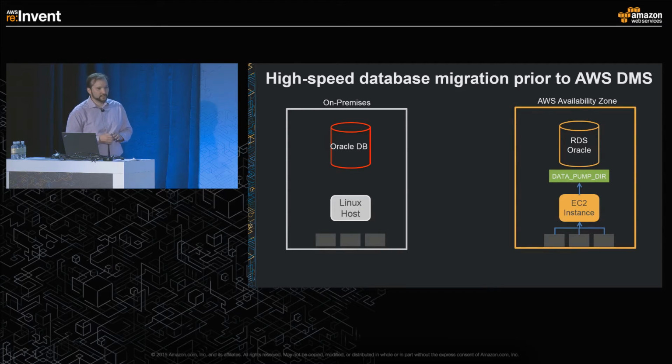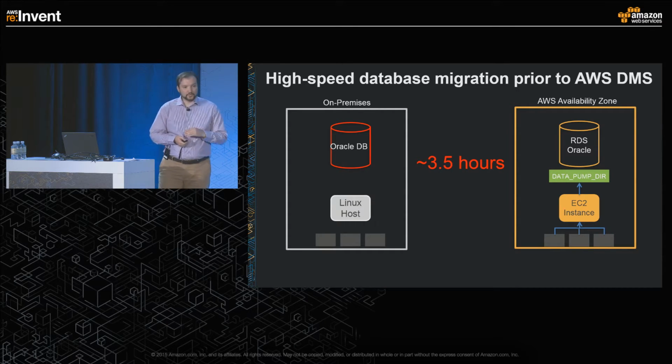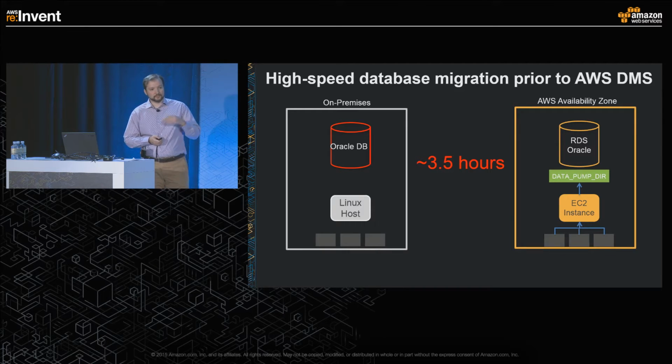But this is one of the directories you can access and write to, because we would like you to be able to use Data Pump, importing or exporting files from Amazon RDS. The process of moving from my EC2 helper instance to RDS will take about 3.5 hours.